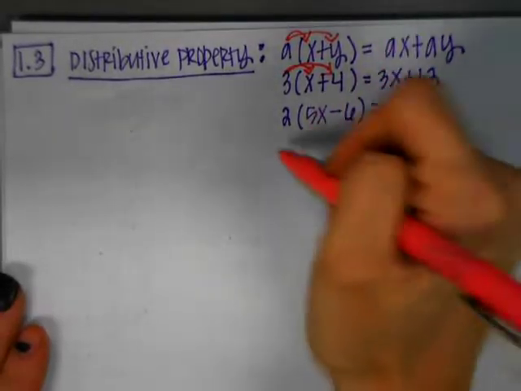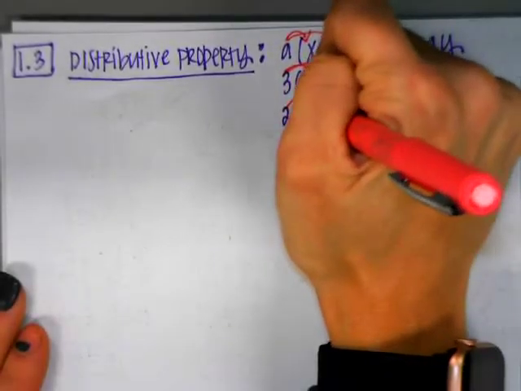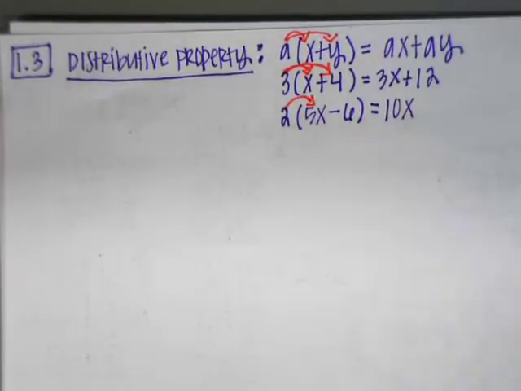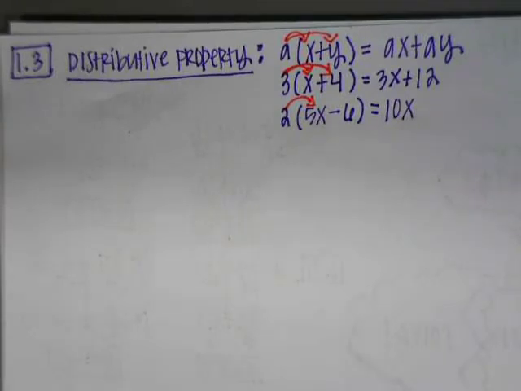Okay, so you're going to take the 2, and you're going to do 2 times 5x, which is what? Yep, 10x. I have a question. Okay. So why are we multiplying this? I'm just going slow.